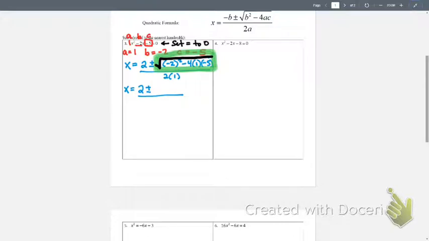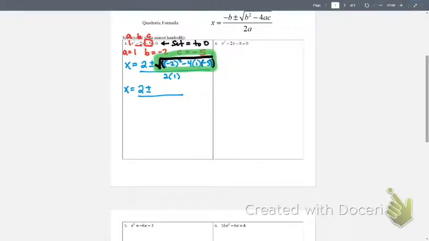Now some of you, when you hit your square root button, it's automatically going to put a parenthesis right here. So what that means is you're going to have to double up the parenthesis so that you can put negative 2 inside the parentheses. We always need to have an even number of parentheses. So if your calculator starts a parenthesis when you hit the square root button, then you're going to type it in like you see here and make sure you have all the parentheses in the exact same spot.